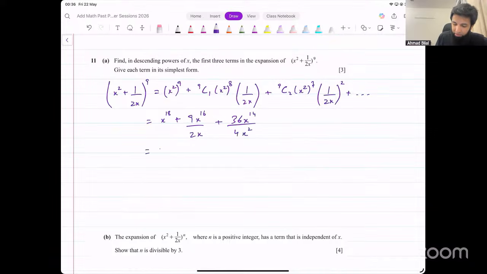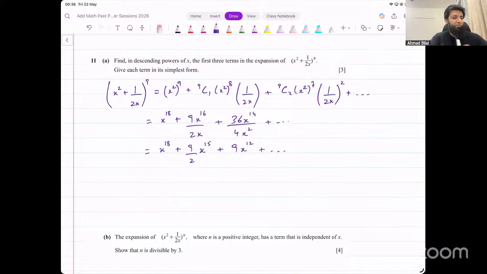Let's simplify this further, and that gives us x power 18 plus 9 over 2 x raised to power 16 minus 1, which is 15, plus 36 over 4, which is 9, x power 14 minus 2, which is 12, and that's our final answer. They wanted us to expand this up to the first three terms.